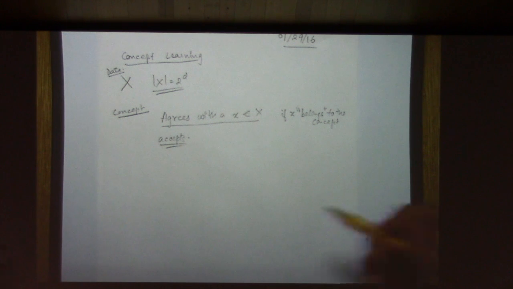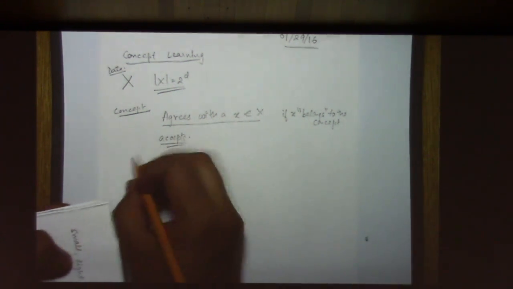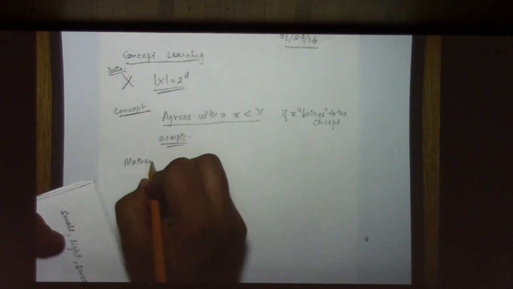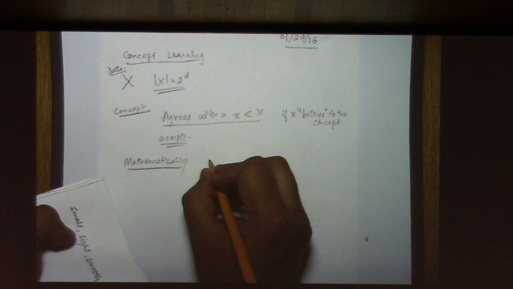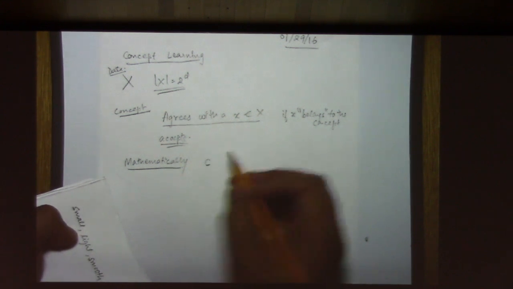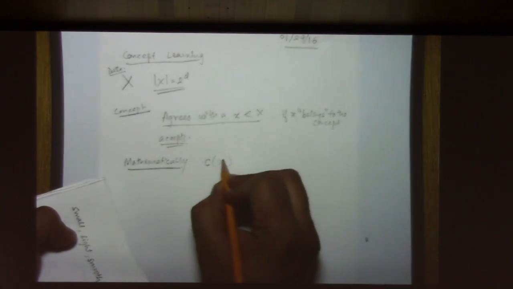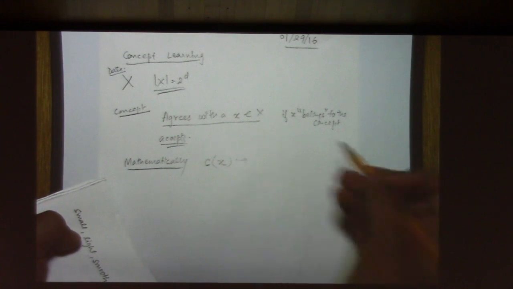Mathematically, we said that we can treat the concept as a function. We represent the concept with the symbol C, and it's actually a function which takes in X and produces an output, right?